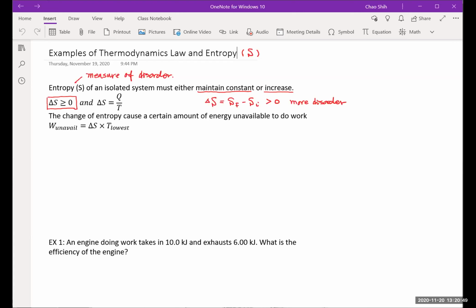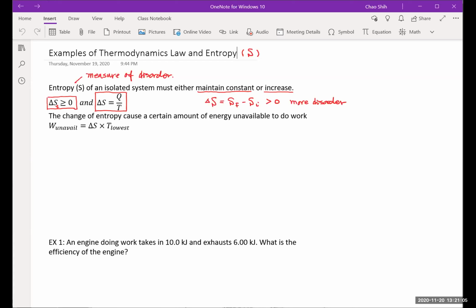So let me write a T over here to represent the total, if you have a system that includes more than one object. The second thing you need to focus on is this one here. How do we calculate that?